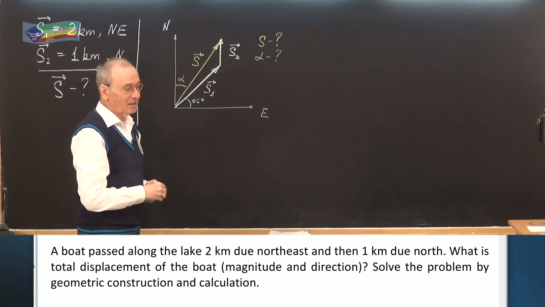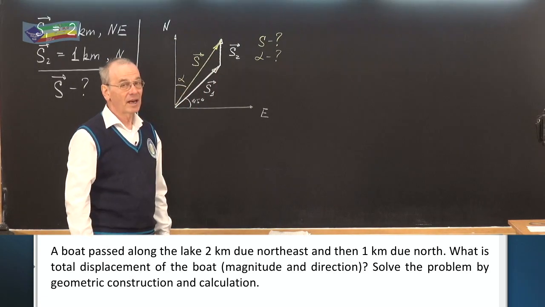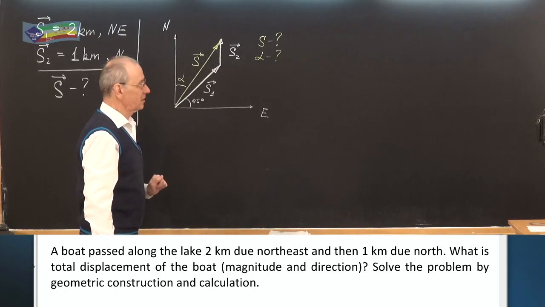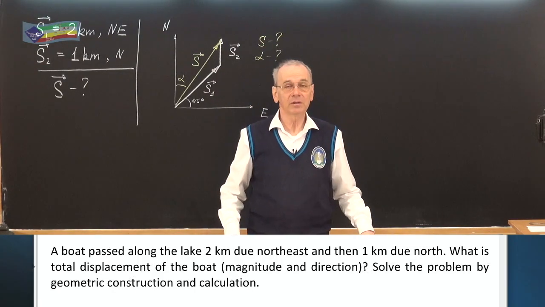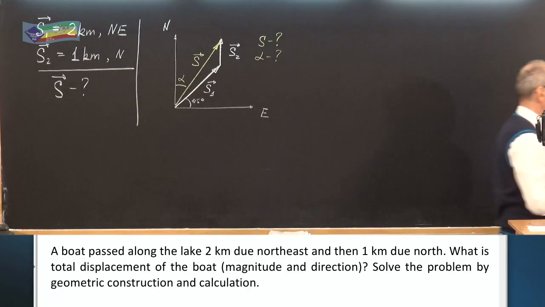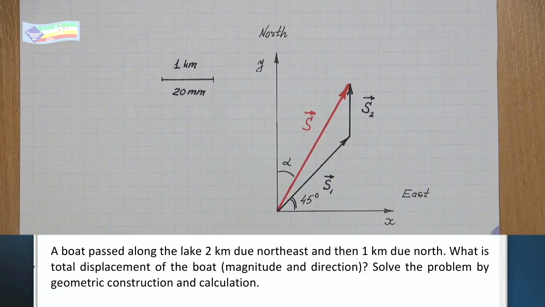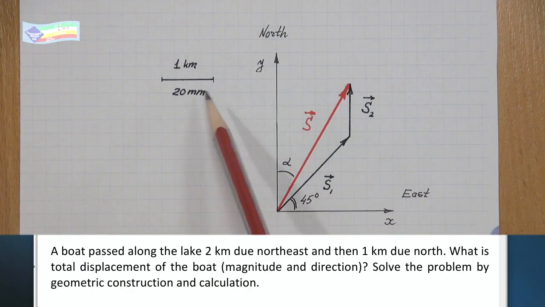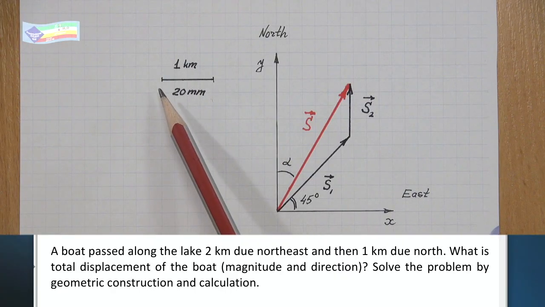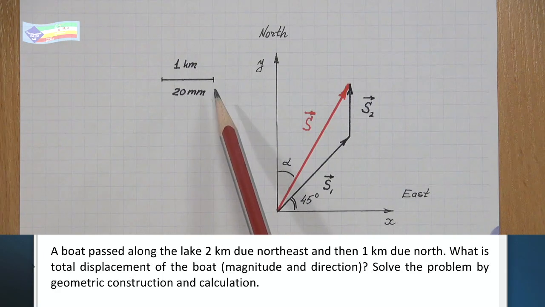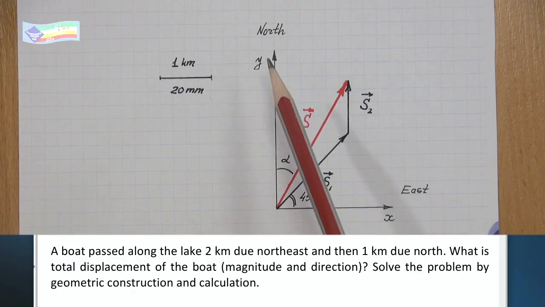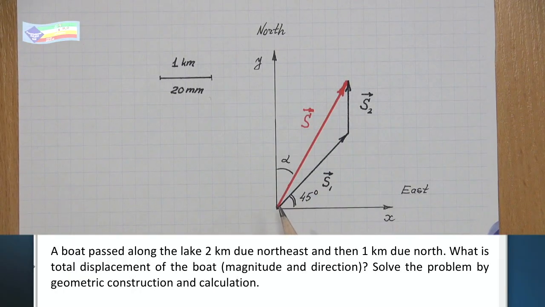Geometric construction like this is very inaccurate. So let us redraw this diagram using a piece of checkered paper from a student notebook. We use the scale 1 kilometer corresponds to 20 millimeters or 4 cells of the paper. Northern direction you have here and eastern direction along the x-axis.